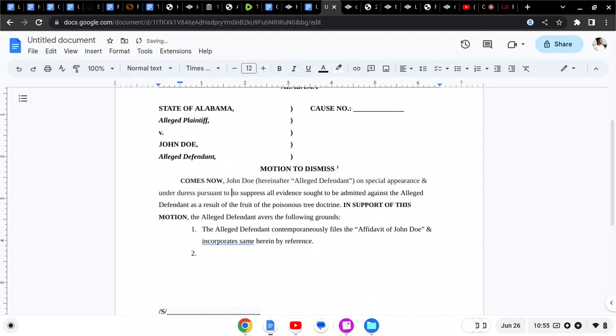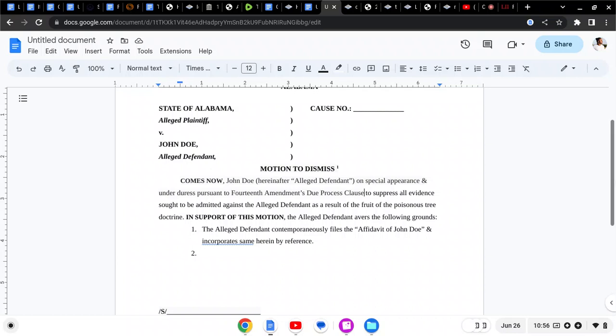Pursuant to, and since this is in state court, we're going to say pursuant to the 14th Amendment's due process clause.